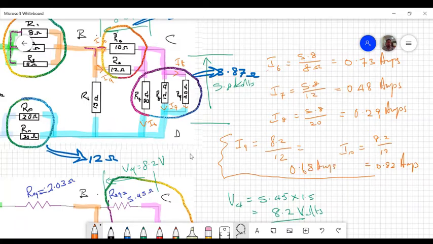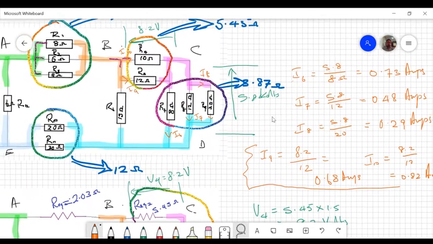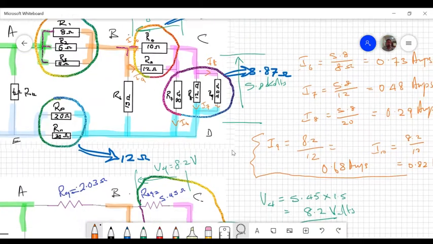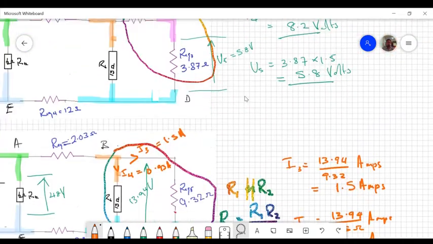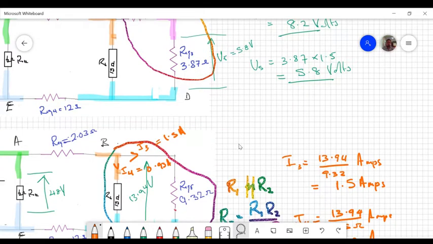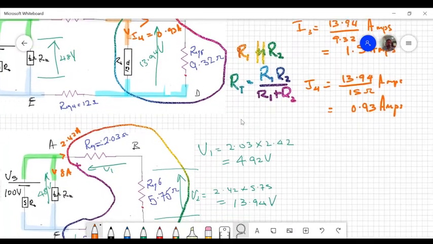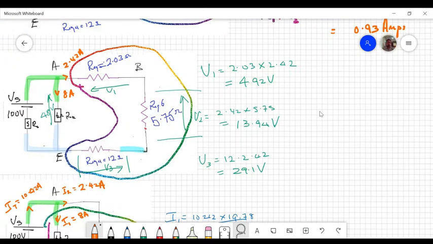So you see, we now can backtrack up and find all the currents for the various circuit. We already know what's the current coming down this 5. We already know what's the current coming down this R6. I think we found that to be 8 amps. Let me see. No, we found that to be, yeah, 8 amps. Look, it's right there, R6.